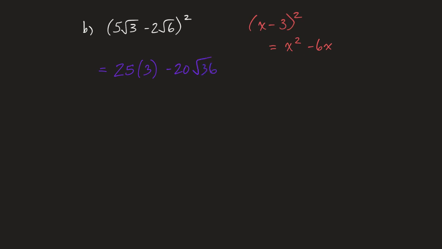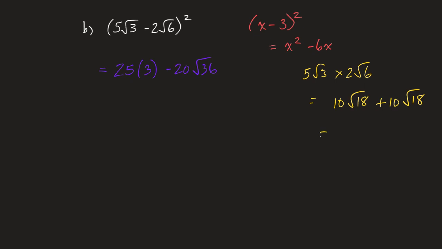And hopefully you just caught my mistake. But it is easily the most common mistake you can make in this instance. I'm going to go back and walk through what we just had there. We actually had 5 root 3 times 2 root 6, and that is going to be 10 root 18. If I ask you to double that, that would be the same thing as adding on another 10 root 18.